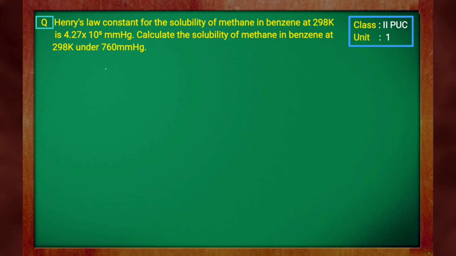So we have Henry's law given by the mathematical representation P = Kh χ, where P is the partial pressure, Kh is Henry's law constant, and χ is the mole fraction. In the question, they have given us that Henry's law constant Kh is equal to 4.27 × 10^5 mmHg.